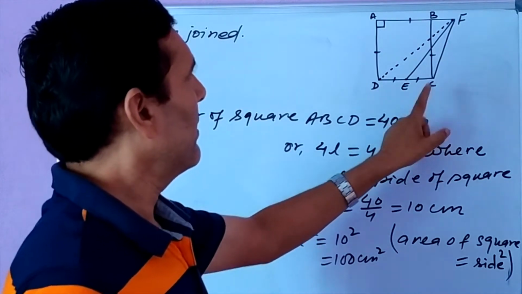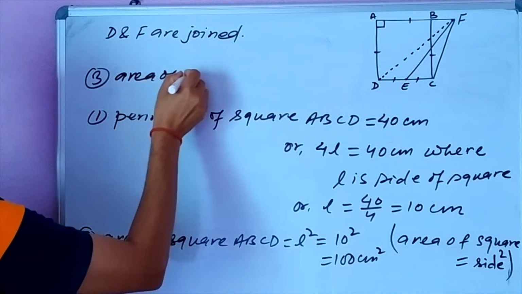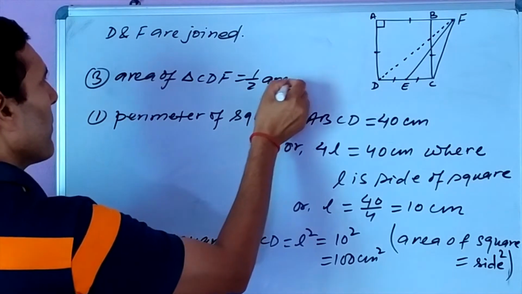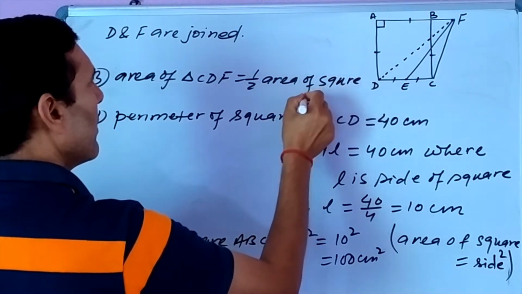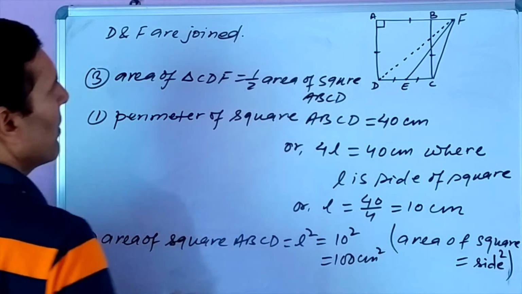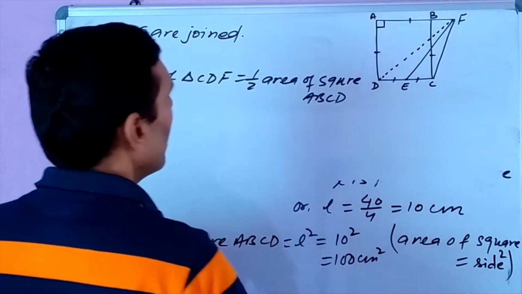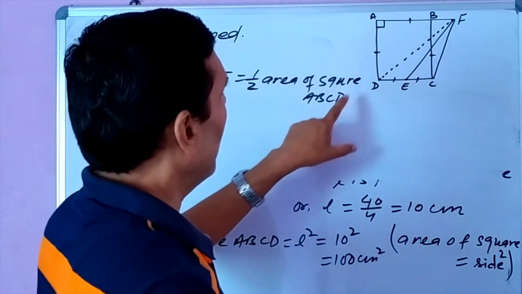Area of triangle CDF. Area of triangle CDF is equal to half of area of square ABCD.